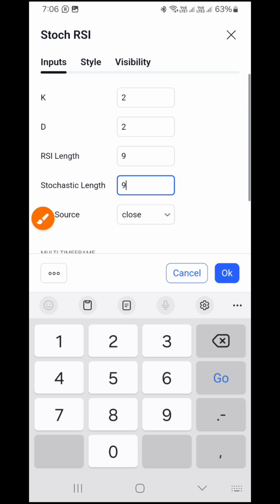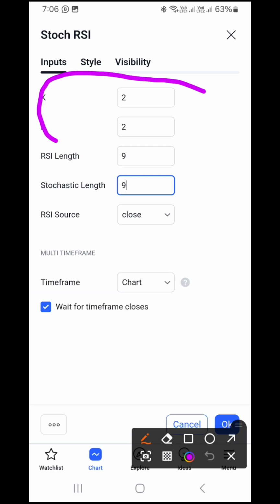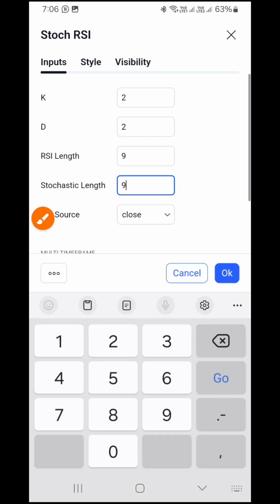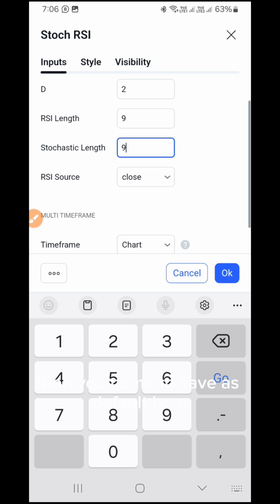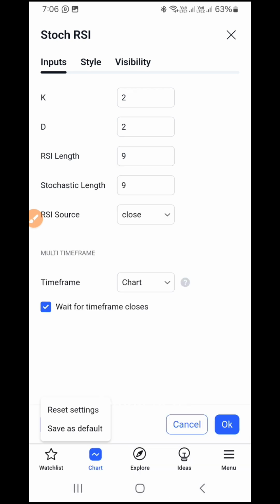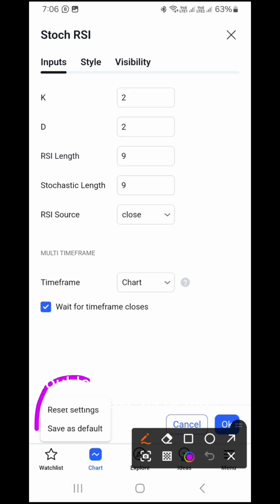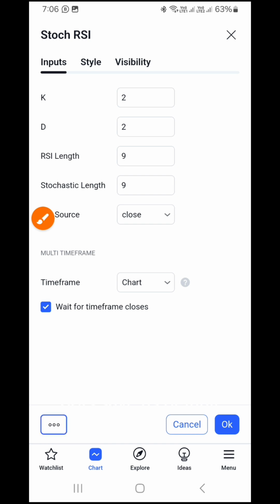These two are the ribbons, how they are going to move, the RSI length and stochastic length. So you set it like that, then you come to save as default. Here downside there are three dots, save as default. You save as default.